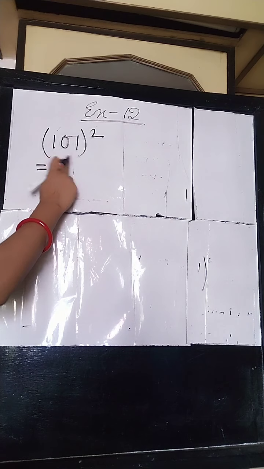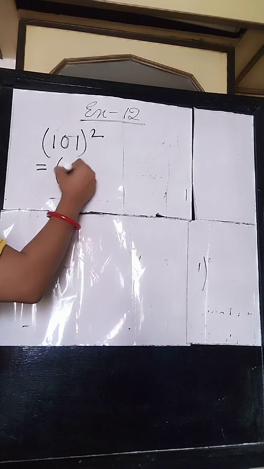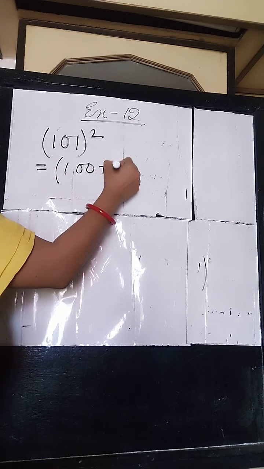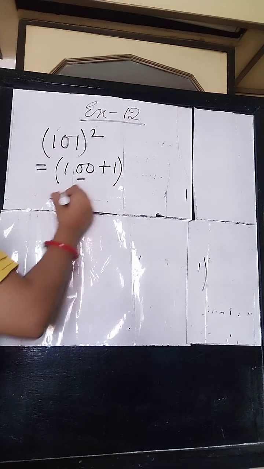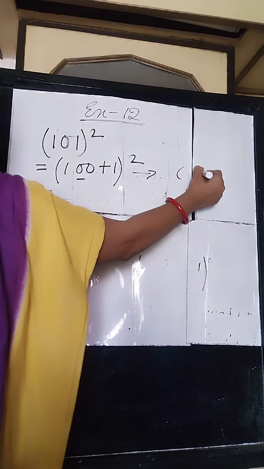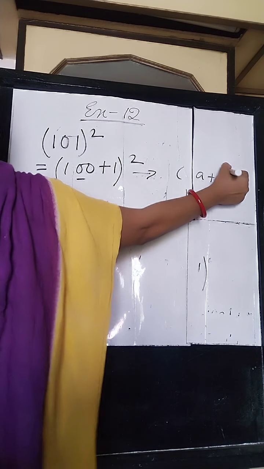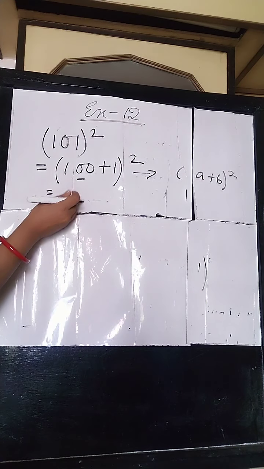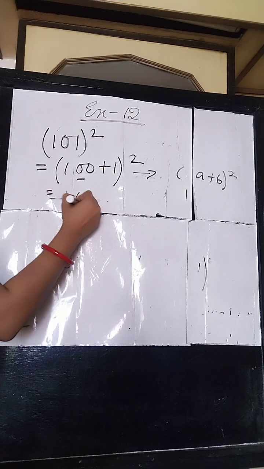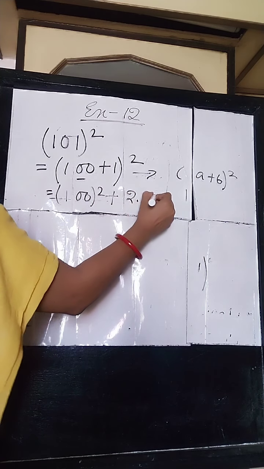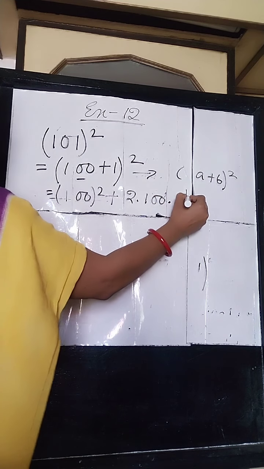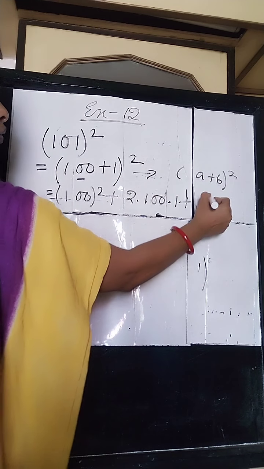Now you all know 101 can be broken into 100 plus 1. 100 is the nearest easy number of 101. So (100 plus 1) is similar to (a plus b) whole square. So easily we can apply the formula: a square, that is 100 square, plus 2ab, that is 2 into 100 into 1, plus b square, that is 1 square.